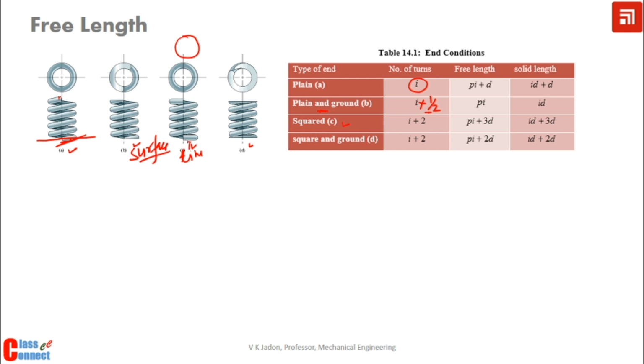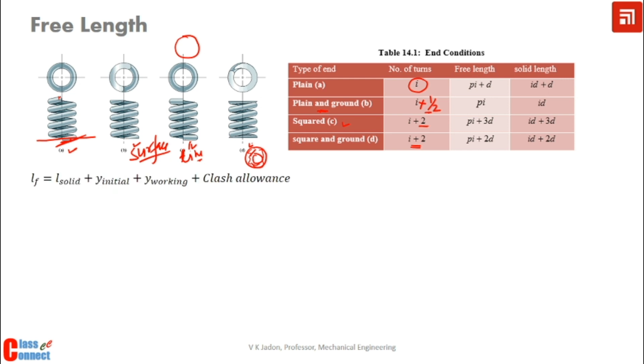Here not every coil is taking part in the deflection, because it is already touching the ground. And for the square and ground end, we have the complete surface in contact with the supporting surface. So here we take the total number of turns equal to I plus 2, because the two end surfaces do not take part in the deflection process.